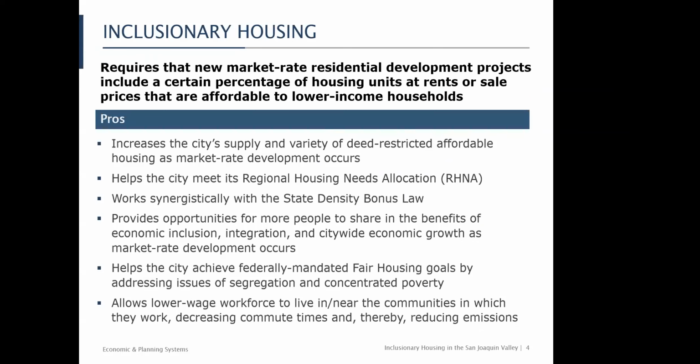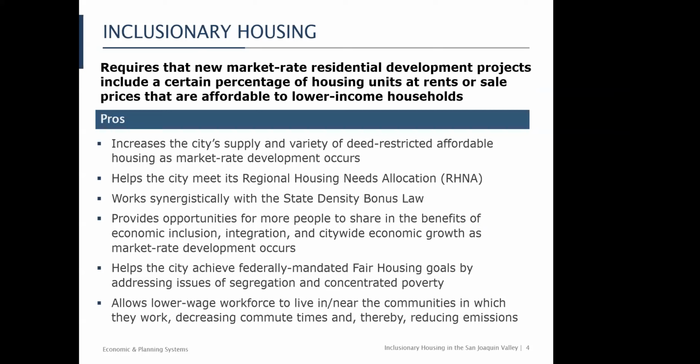So before we get too much further, what is inclusionary housing? How does it work? Well, it requires that new market rate residential development projects include a certain percentage of housing units at rents or at sale prices that are affordable to lower income households. At its simplest, that's the idea.